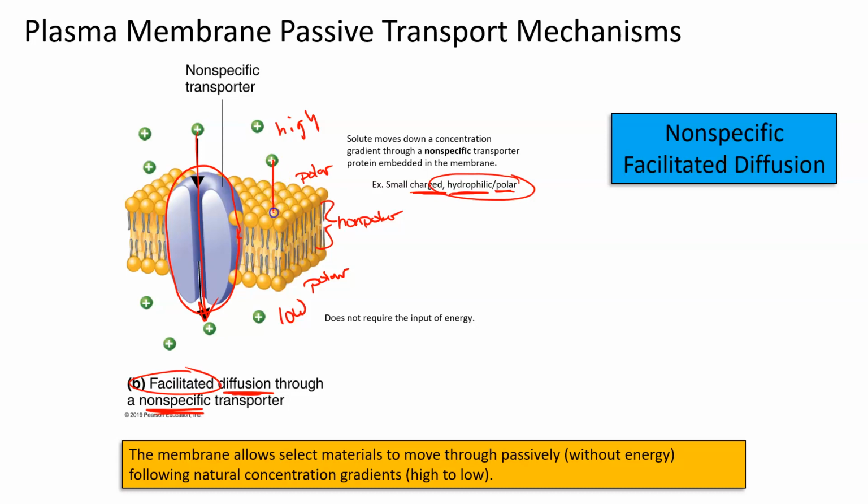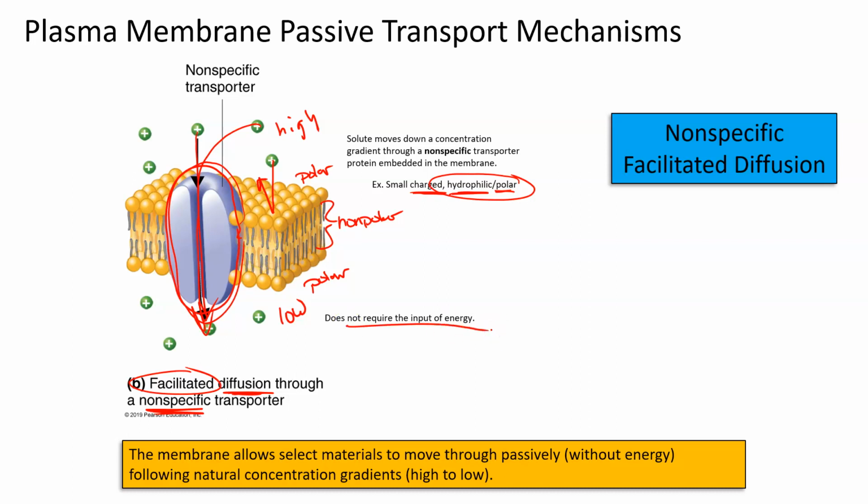So if they try to diffuse through, they're going to be repelled by the interior of that membrane, which again is why we have to employ this nonspecific transport protein, which will allow these charged hydrophilic and polar molecules to move through without contacting the interior of that membrane.